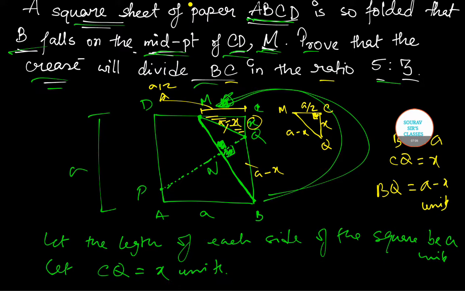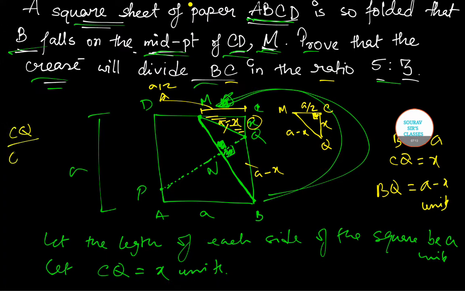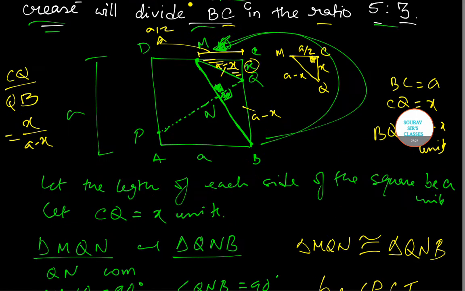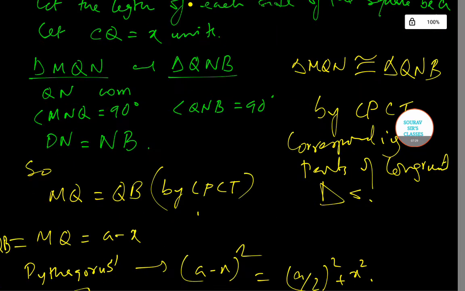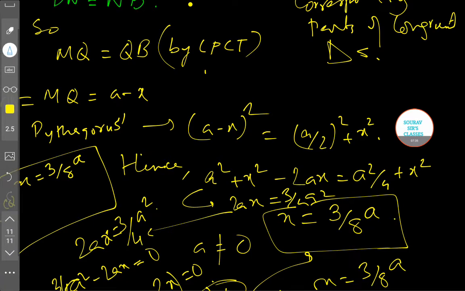So we want the ratio CQ by QB. So this is equal to x by a minus x. Now we have x equals to 3 by 8a.